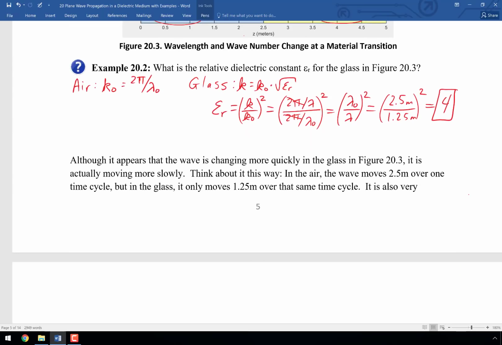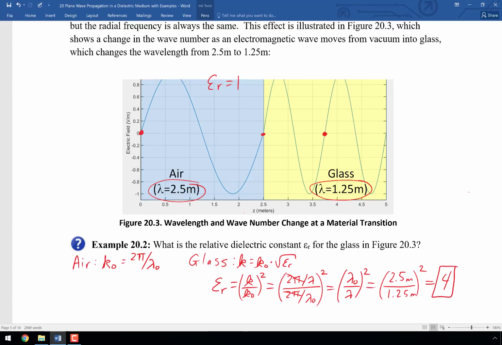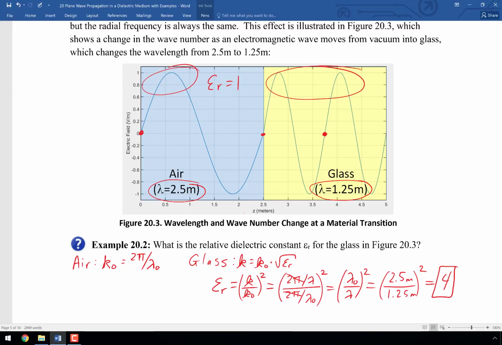Now, it appears that the wave is changing more quickly in the glass. This is something that was very confusing to me, is that in the glass over here, you can see this part of the wave looks to be moving more quickly than that part of the wave. But it's actually misleading. That's actually not the case.